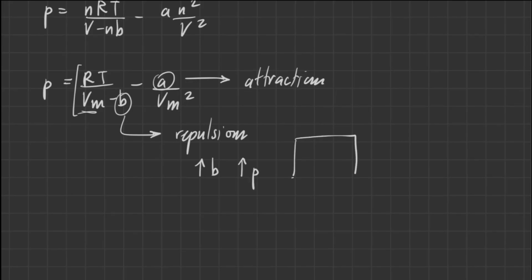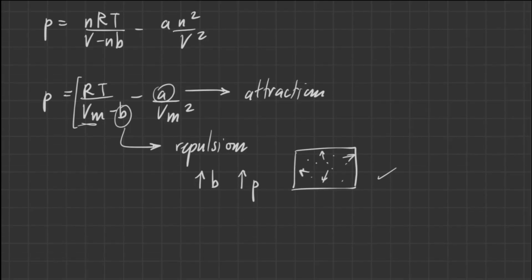This makes sense because if the repulsive forces are high, then these gas molecules will not want to be near one another. So this will increase the frequency of collision and the force of the collision with the container. So that makes sense. What about when you increase a? Well, if you increase a, you increase the magnitude of this term, which effectively decreases pressure.